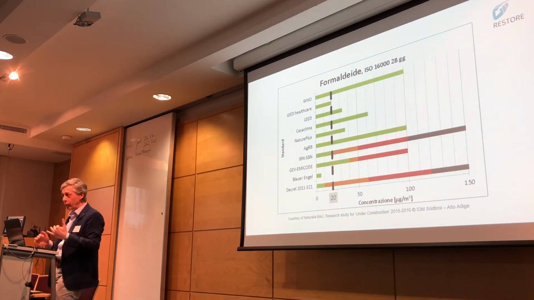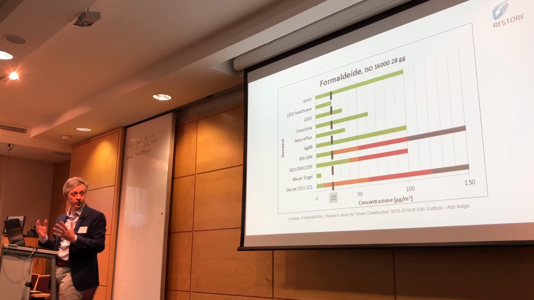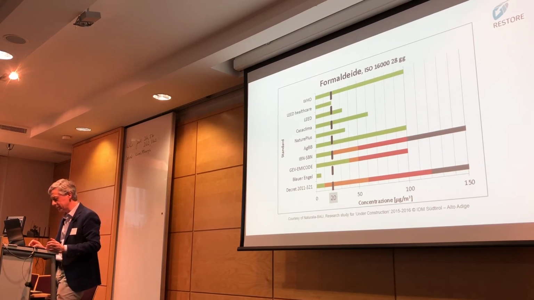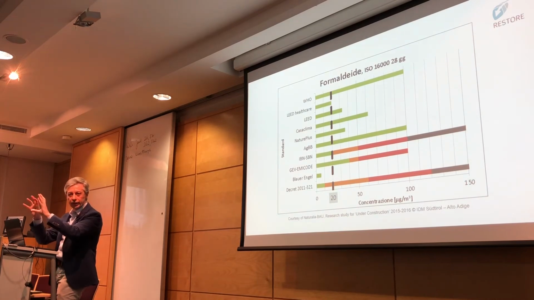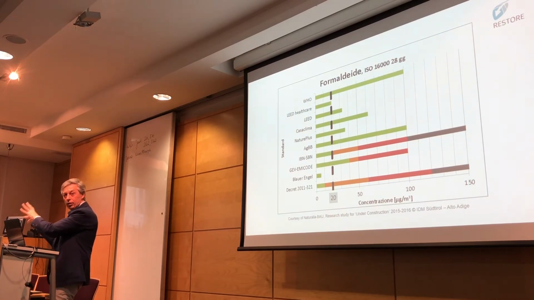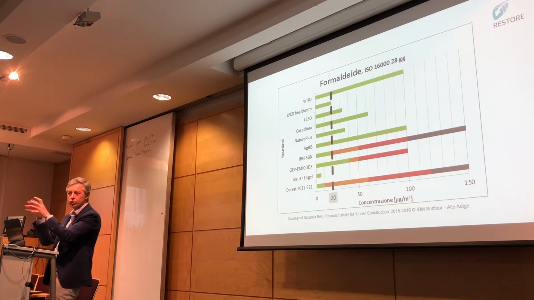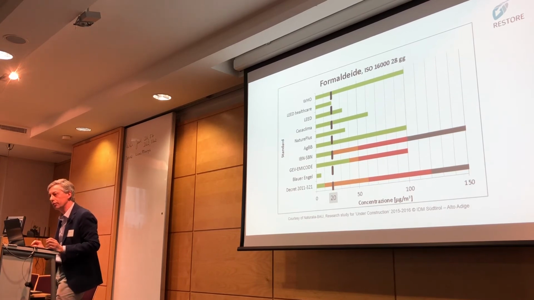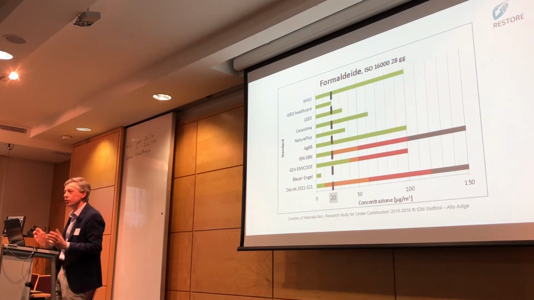There is another problem, I would say a problem of transparency, the transparency of these labels. This is, for instance, a comparison we made of different labels monitoring the level of formaldehyde in the indoor environment. They are very different.